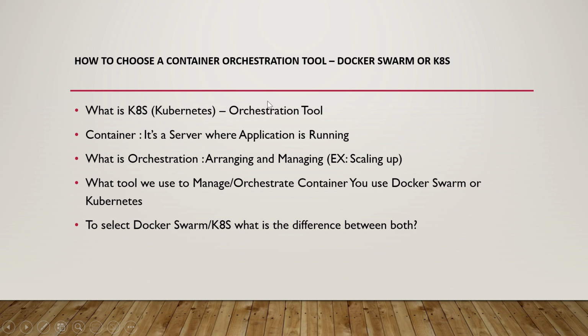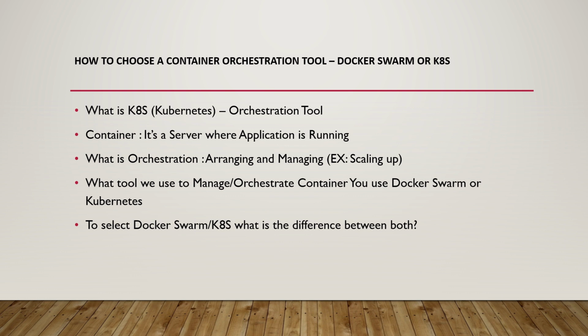And why we call this an orchestration tool is because when the number of containers keeps increasing due to the demand of users in any application, the maintenance of the containers becomes very difficult. The maintenance means, if there is a downtime, you need to restart the container, and if one container is lost, immediately one more new container should be running.